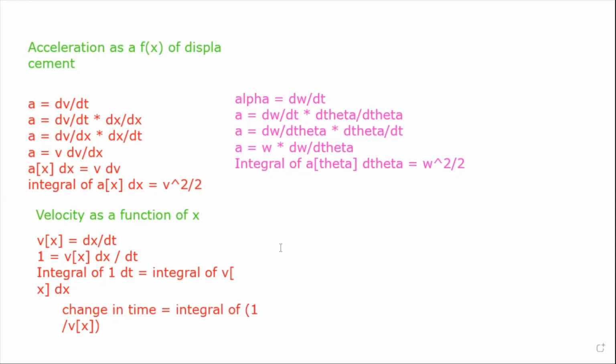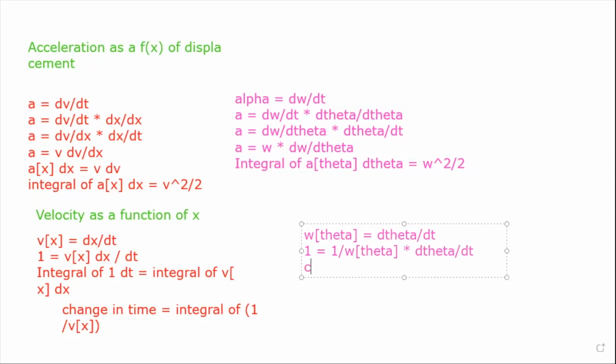Just to make that a little more clear, let's try looking at it with omega as a function of theta. We're going to define it, of course, like this. We divide both sides by omega, and we get 1 over omega times d theta over dt. Remember that this omega is still a function of theta.